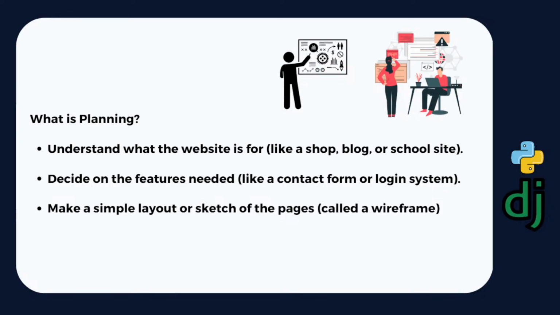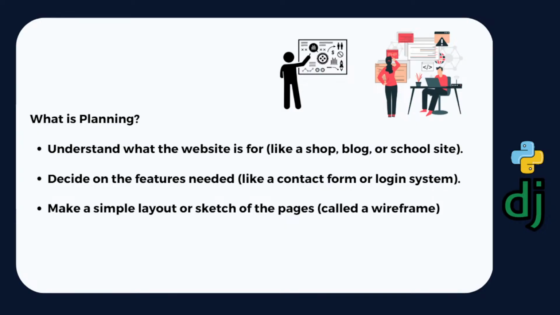Planning. First we need to understand what we need to build, what the website is for. Basically, there is an e-commerce website, like Amazon or Flipkart, where we buy or sell products.